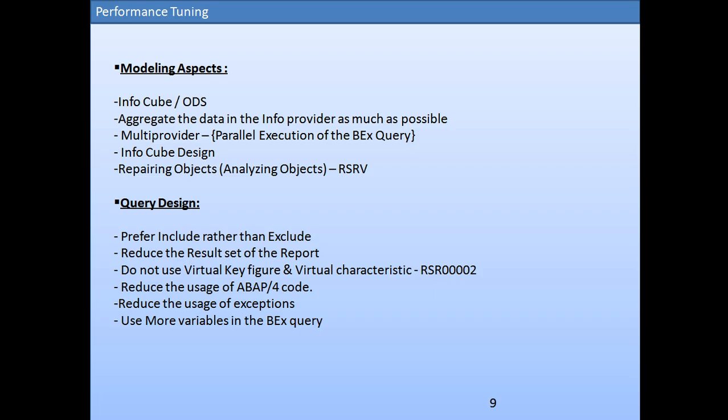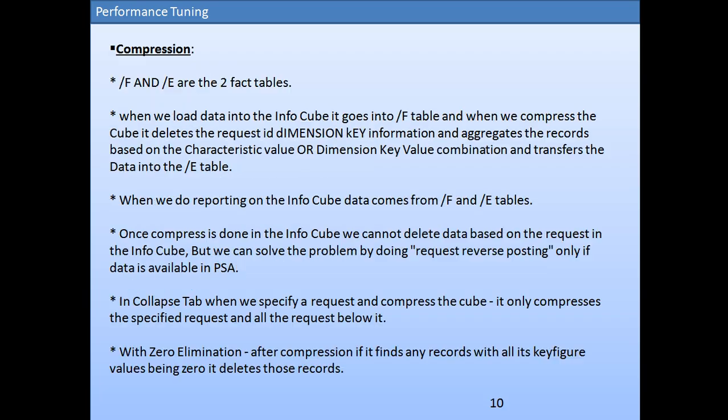Instead of reading all data and then filtering, why don't we give more flexibility in the variable screen itself, where the user can choose exactly the data they want: region, country, company code, cost center. You can have 19 to 20 variables, a very big selection screen, so they can select exactly what they need rather than fetching the entire database. Okay, so these are points you can think about when creating a query or modeling this.